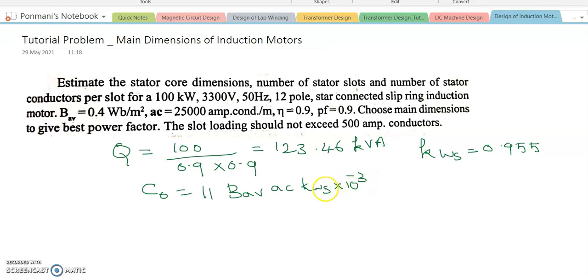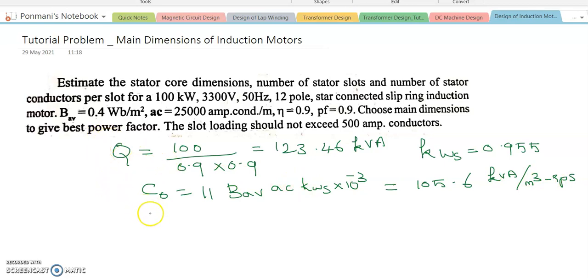And kws we are going to assume this value, and B average and AC are given: B average is 0.4 webers per meter square and AC is 25,000 ampere conductors per meter. Substituting these values, we will get C naught as 105.6 kVA per meter cube RPS. kVA per meter cube RPS is the unit for this output coefficient.